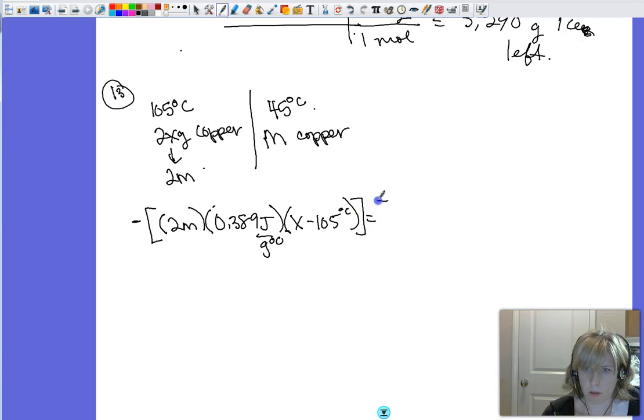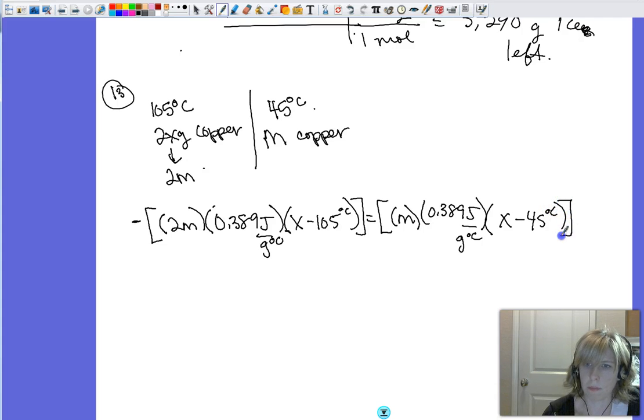Now that's going to equal just the mass of the other one, and 0.389 joules per gram degree Celsius. And then we have x minus 45 degrees Celsius.